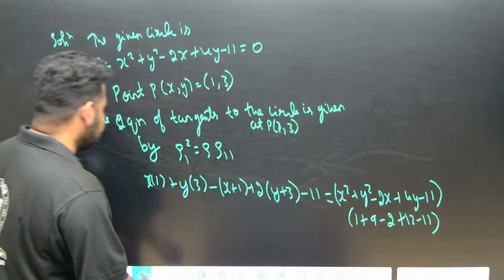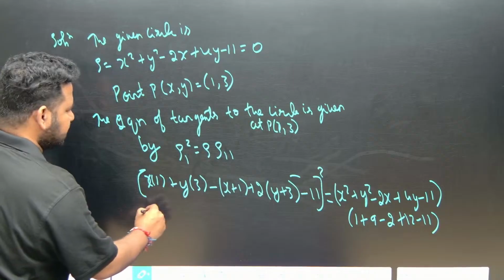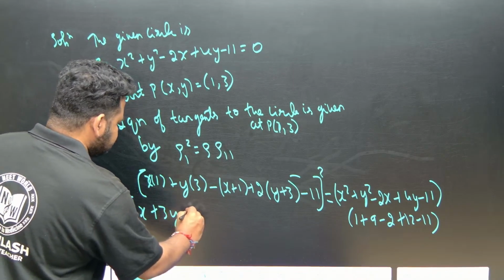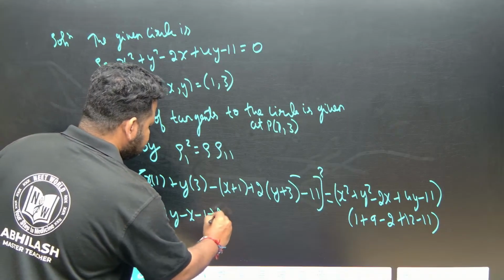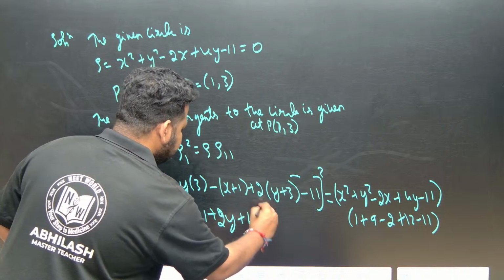Now the entire thing on the left is under square. So this becomes (x plus 3y minus x minus 1 plus 2y plus 6 minus 11) whole square.